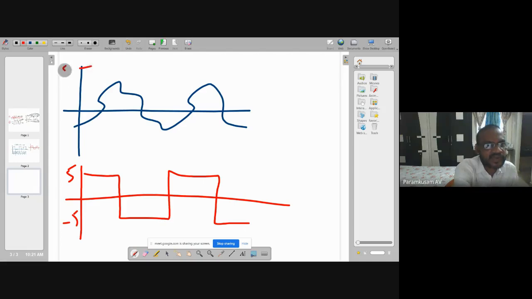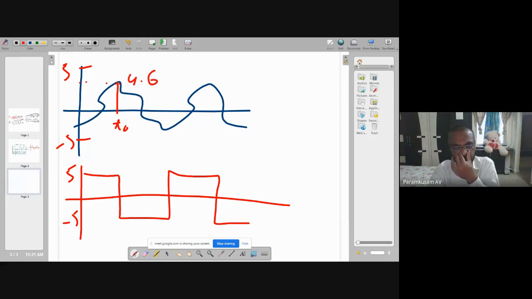Here also maximum 5 volts, minimum minus 5 volts. Okay. So particularly in analog communication, suppose at this time interval t naught, 4.6 volts is transmitted.